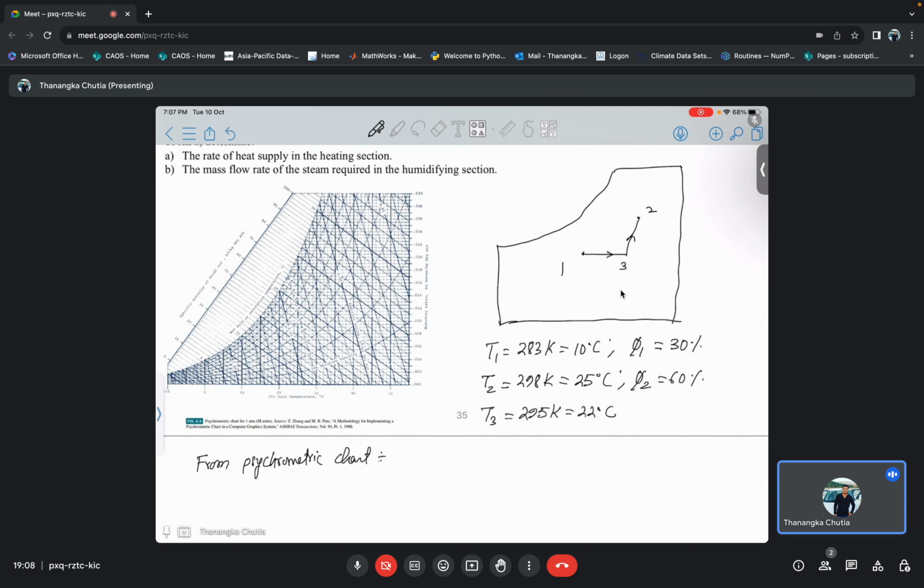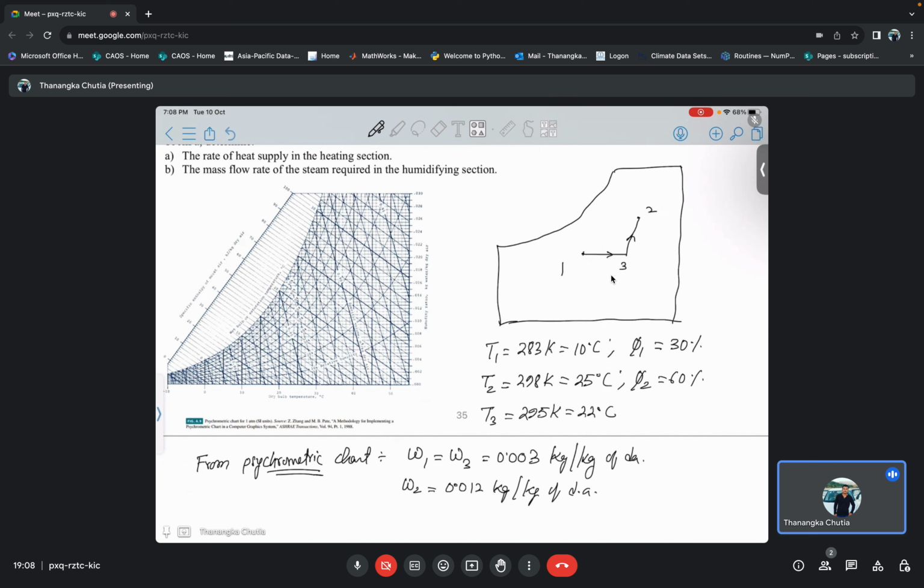just like the previous question, from the psychrometric chart, we can find W1, which will also be equal to W3, because from 1 to 3 the process will remain the same. That will be 0.003 kg per kg of dry air, and W2 we can write as 0.012 kg per kg of dry air.